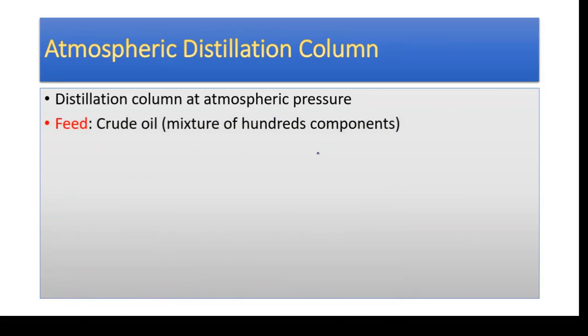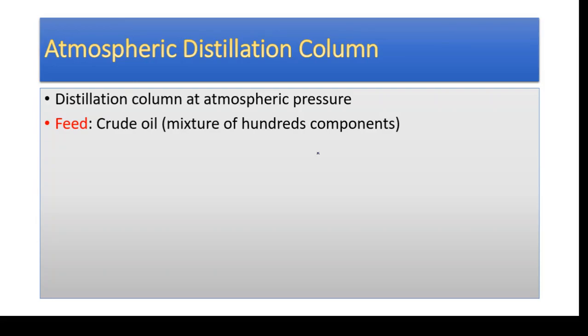And then a few important points related to the atmosphere distillation column, which you might all know about and which should be known to all of you. Let us take them in a very brief way. For example, in the atmosphere distillation column, the pressure is normally the atmospheric pressure. That's why we call it the atmosphere distillation column. As far as the feed is concerned, the feed is basically crude oil, a mixture of a large number of hydrocarbons.